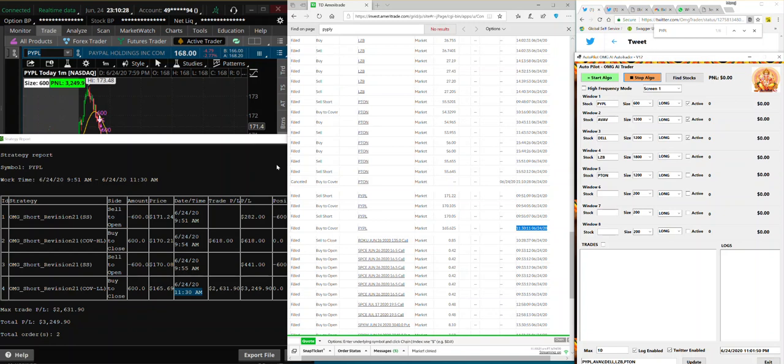It is more disciplined, and it can watch a lot of stocks at the same time, which is not humanly possible. I can track 8, 16 or up to 32 stocks at the same time for buy and sell signals, and it can do all the trading for me. So I don't even have to worry about looking at charts or anything at all. It can do everything for me.